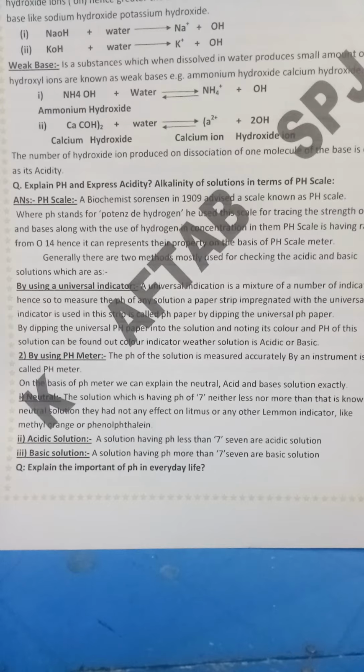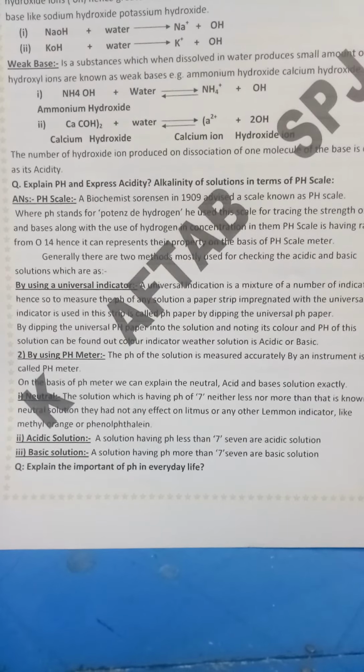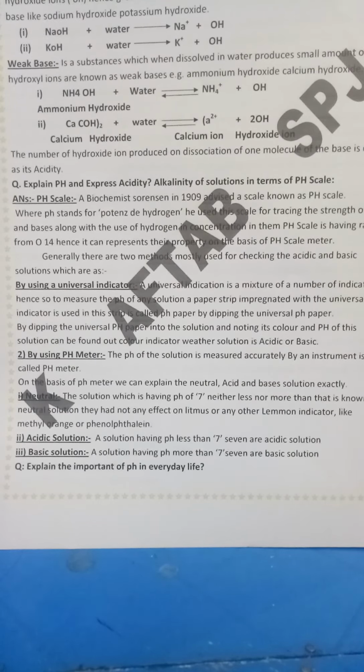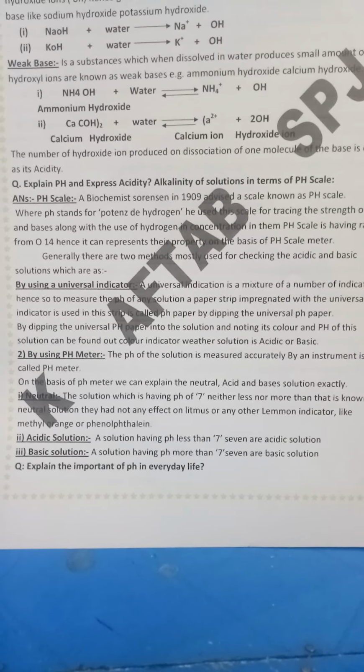And 7 on the pH scale indicates neutral. The substance which has 7 as the value on the pH scale is neither acid nor base. It is neutral like water.